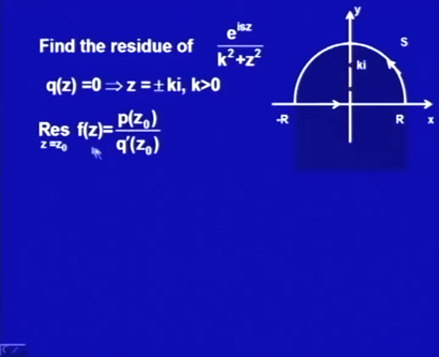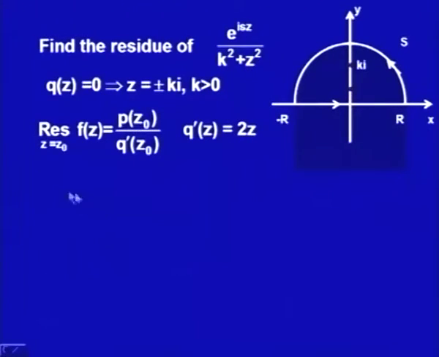Calculating the residue at that point, since the function is of the form p z upon q z, we would use the formula for the residue at z naught of any function f z as p z naught upon q dash z naught. What is q dash z here? Q dash z here is 2 z only.